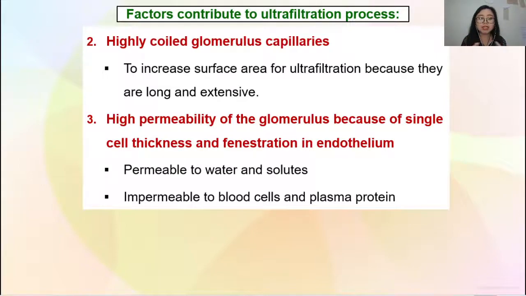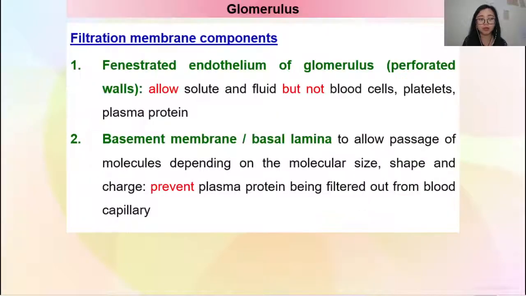So this means that it is permeable to water and solutes. Air dan benda-benda yang terlarut dalam air senang untuk limpas. It is also impermeable to blood cells and plasma protein. Sebab masih ada membrane yang jaga kan? So, blood cell dengan plasma protein tidak dapat melalui.